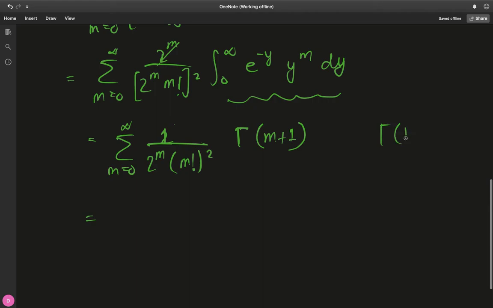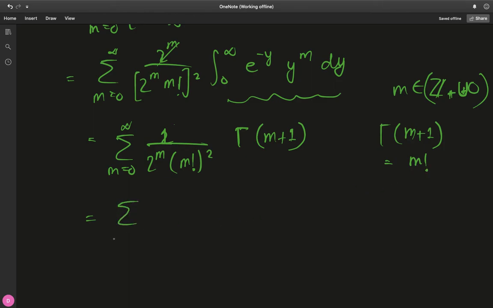Now, for all our purposes, for all our m, because m is an integer, m is basically a positive integer, including 0. So for all these purposes, gamma of m plus 1 can be written as m factorial.